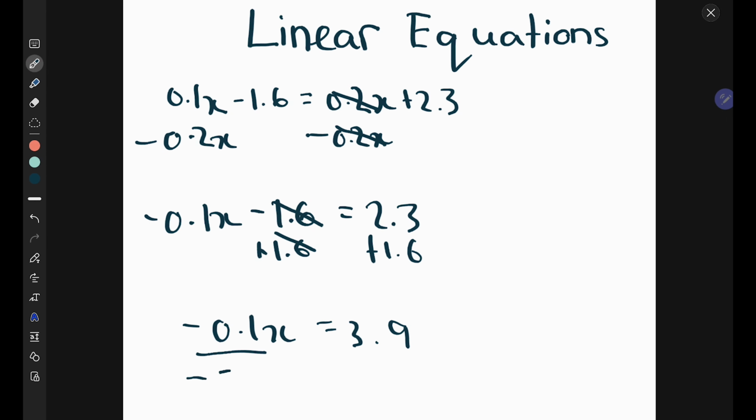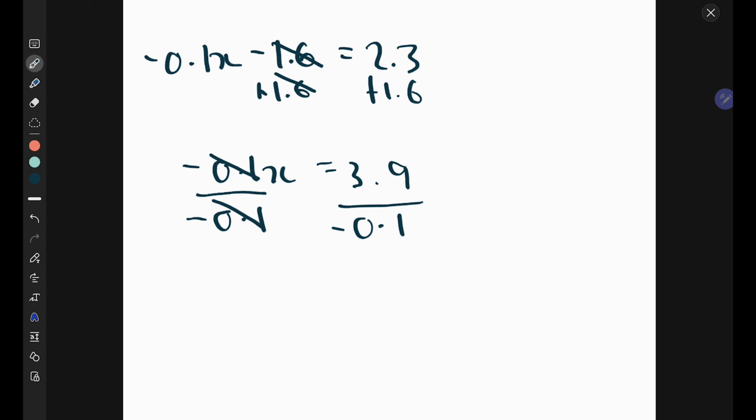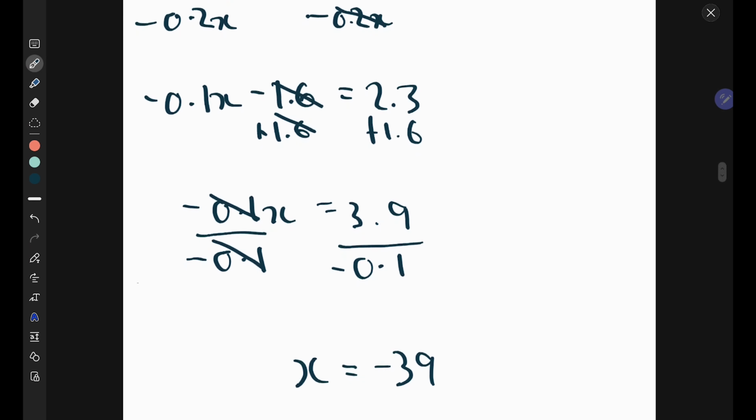Now we're going to divide by minus 0.1, so this gets cancelled, and then this by minus 0.1. And I'm not that good at math, so I'm just going to do it on a calculator. 3.9 divided by minus 0.1, and this is minus 39, so x equals minus 39.